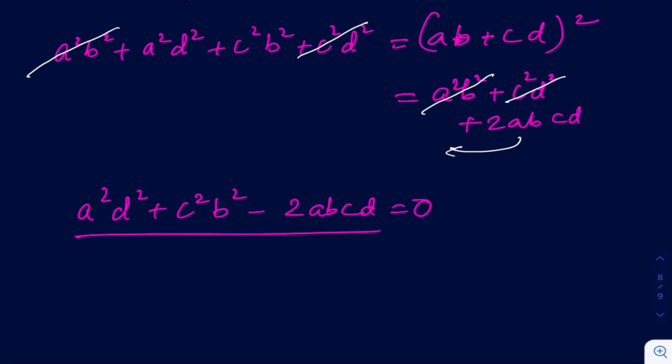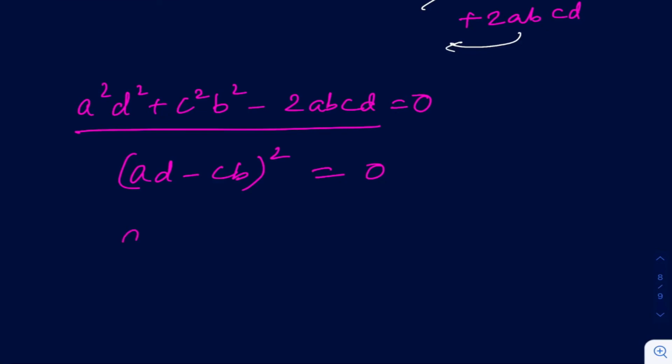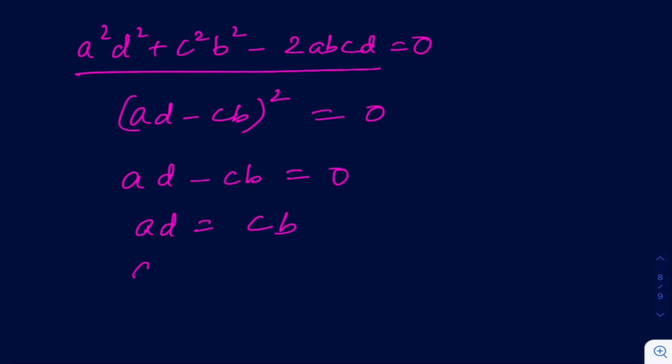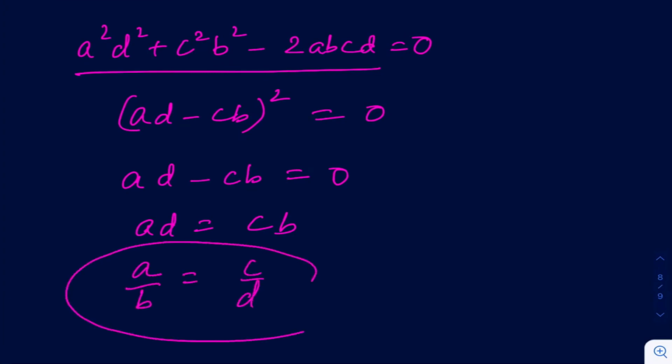And notice it carefully. It is (AD minus CB) whole square equals 0, or you can say AD minus CB equals 0, or you can say AD equals CB, or you can say A upon B equals C upon D. So this is what we have to prove.